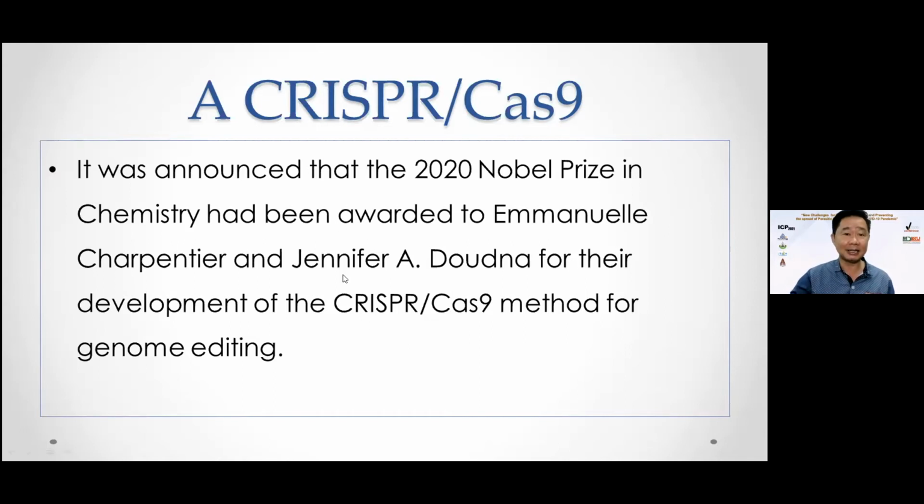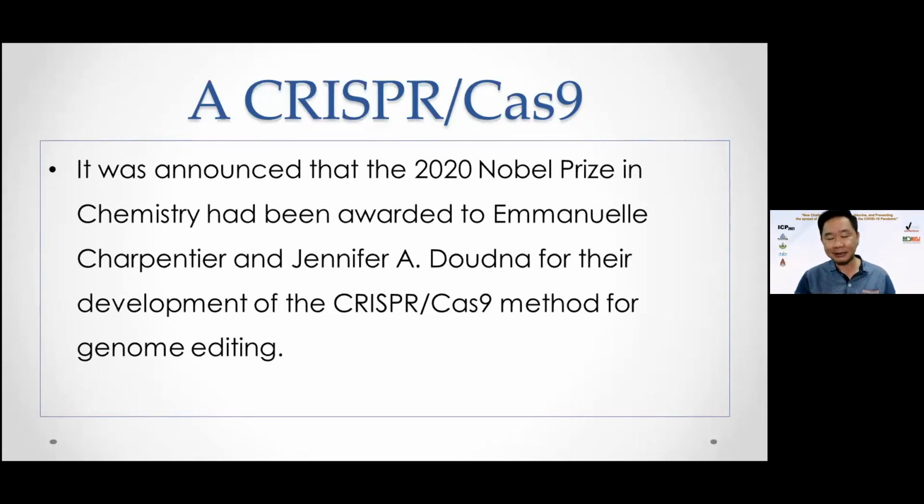And luckily, in about the last 10 years, CRISPR-Cas9 was discovered, and it won the Nobel Prize in 2020. CRISPR-Cas9 is a method for genome editing. So CRISPR-Cas9 can edit the genome and make mutations in the gene of interest.